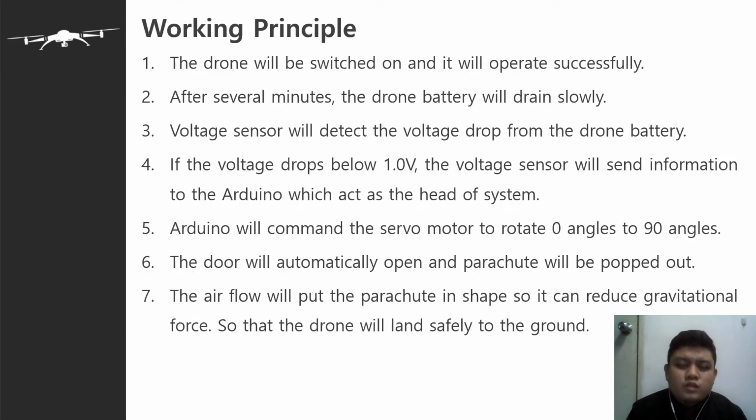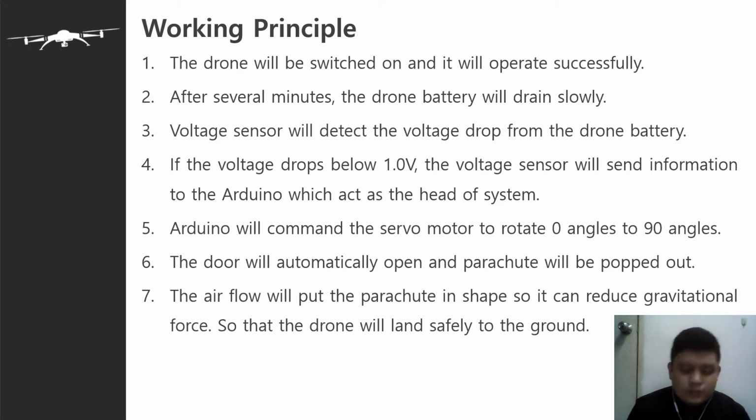Next, I want to tell you about the working principle of my project. First of all, the drone will be switched on and it will operate successfully. Then after several minutes, the drone battery will drain slowly. After that, the voltage sensor will detect the voltage drop from the drone battery.